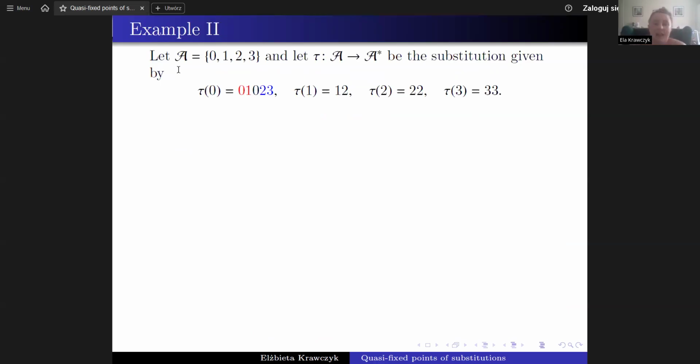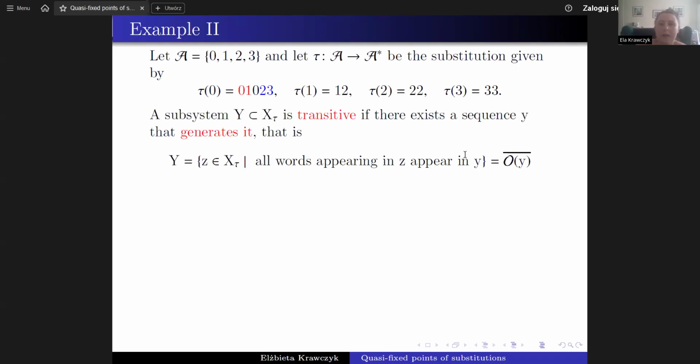Here I have another alphabet A of four letters, and I have a substitution tau, which is given as follows. This substitution is chosen in a way that lets me present some nice properties that I want. Let's say I look at my system X_tau as the set I'm interested in, and one says that a subsystem or a subset is transitive if there exists a sequence that generates it.